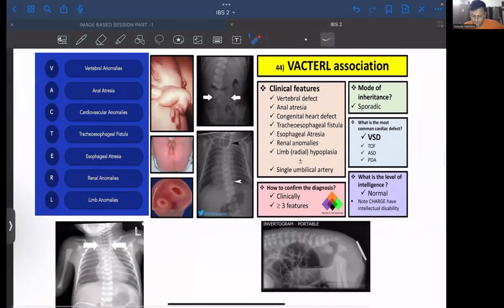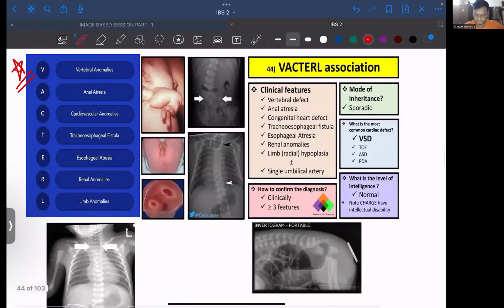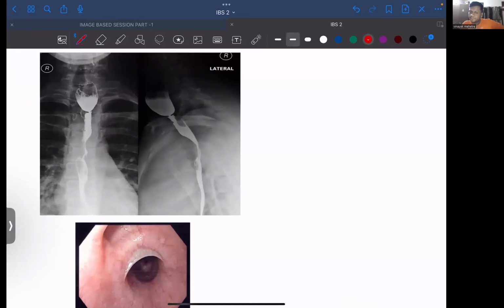Okay, please take a look at this image whenever you get the PDF. It will come. Okay, what you are seeing over there is a constriction in the upper part of the esophagus. How will you remember?